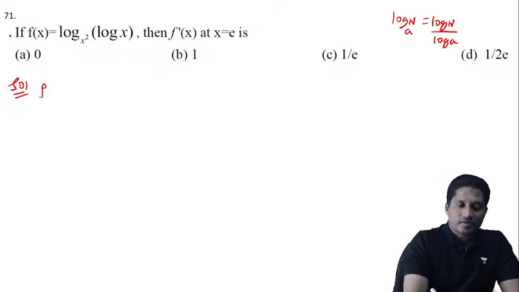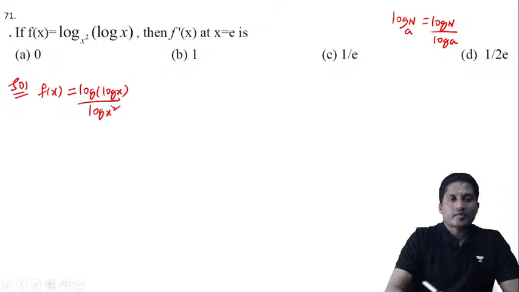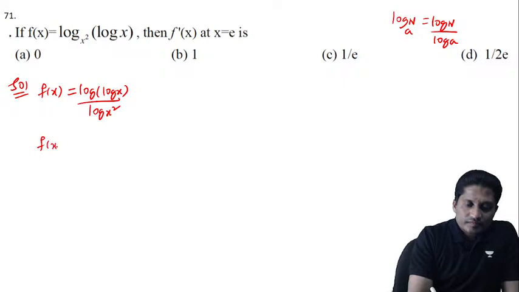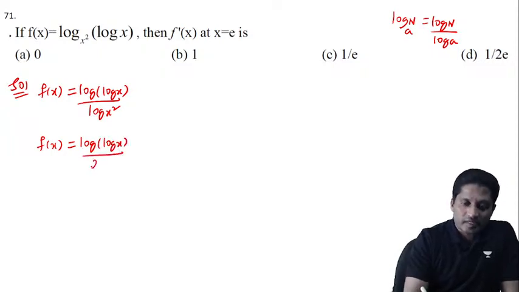So f of x is equal to log of log x base x square, which can be written as log of log x divided by log x square. Now f x is equal to log of log x divided by log of x square, which can be written as 2 log x.